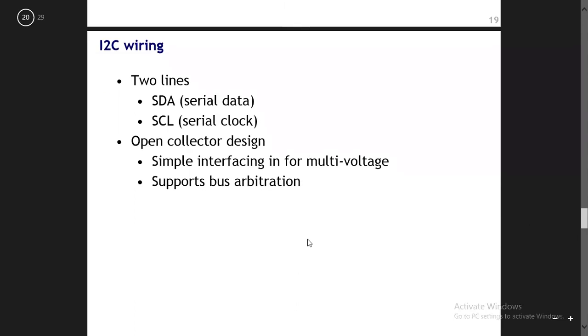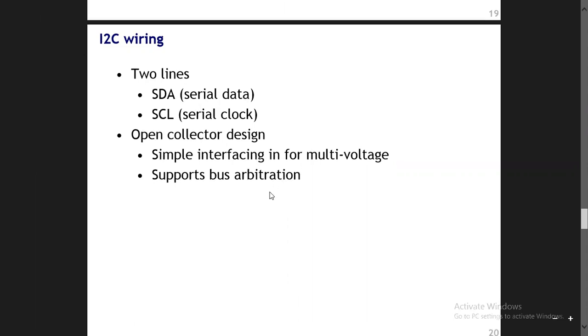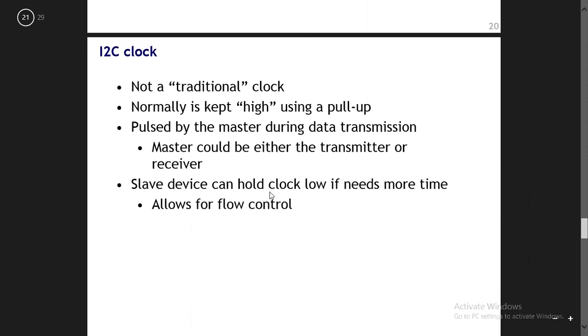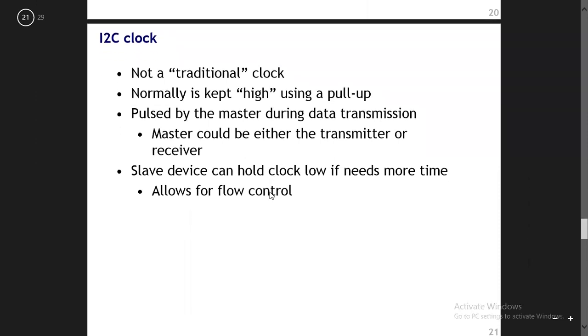Now the wiring aspect: I2C uses two lines. As I stated before, SDA is the serial data and SCL is the serial clock. The open collector design is more about electronics, so forget about it for now. Generally we need only two wires for the I2C. The I2C clock is not a traditional clock. We will look into the clock when we study the timing diagram of the signal.